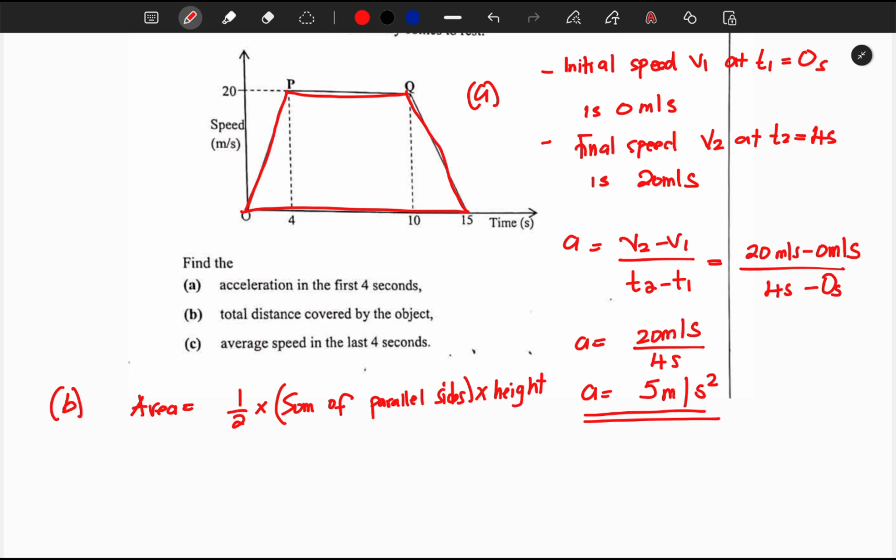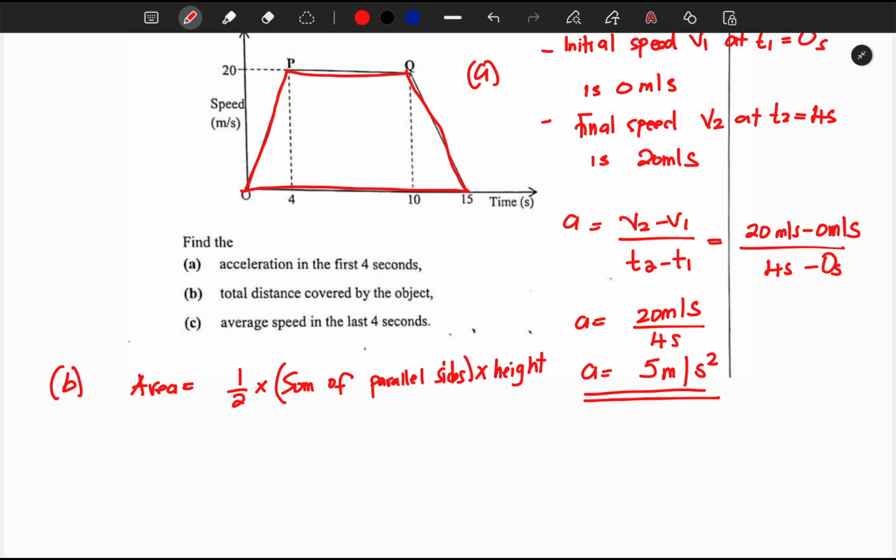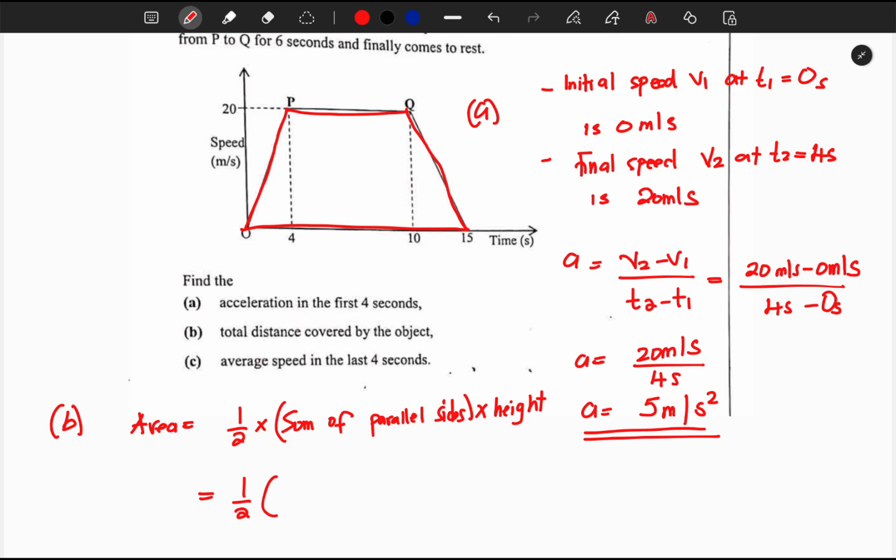Which parallel sides? This side here is parallel to that side, and we are calling those sides A and B. So we have half multiplied by side PQ plus side D, which goes all the way from 0 to 15.